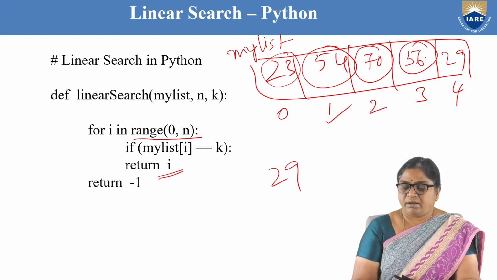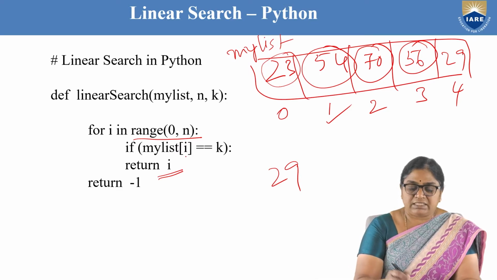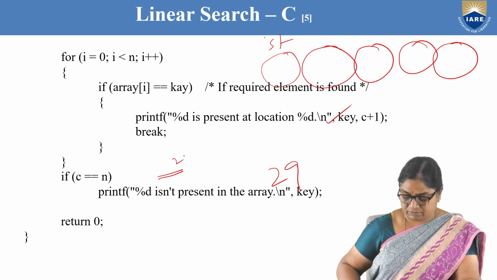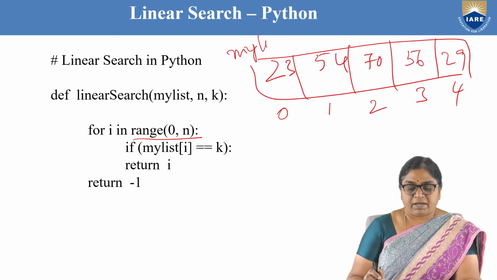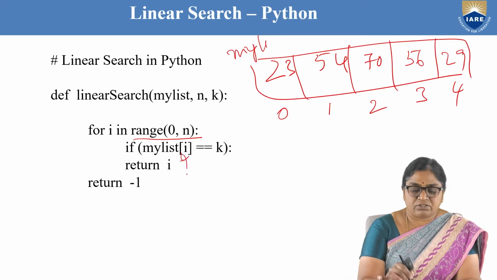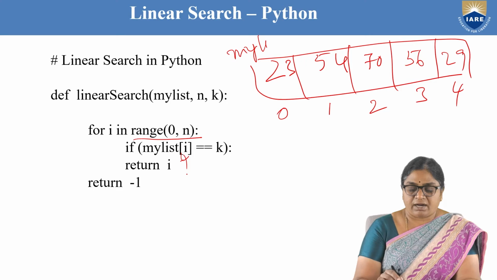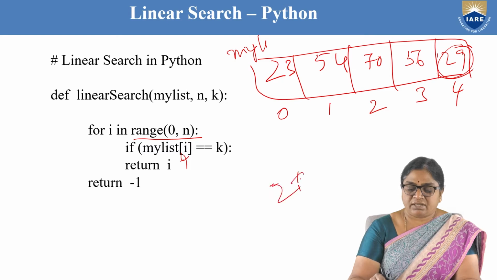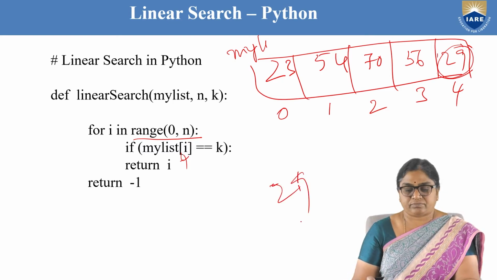Again it doesn't match. We go with the next iteration. Now i is equivalent to 4. So my list of 4 is equivalent to 29, and k is equivalent to 29. So here 29 matches the key element 29.